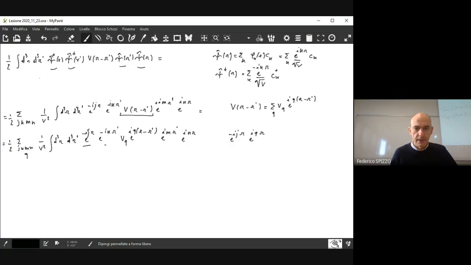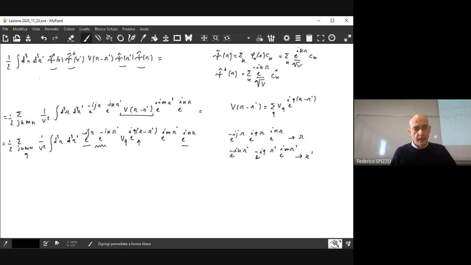So we have this phase here, and this phase here, e to the I, n, r. So those are those corresponding to coordinate r. Corresponding to r prime, we have e to the minus I, k, r prime. Then we have e to the minus I, q, r prime. And then we have e to the I, m, r prime. So those are the phases corresponding to the variable r prime.